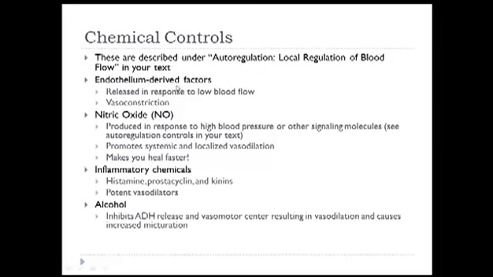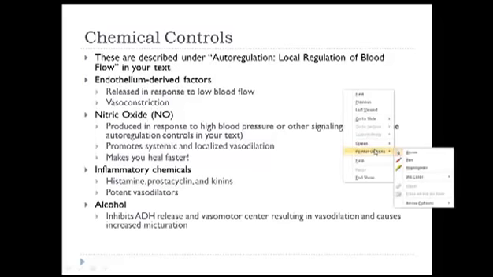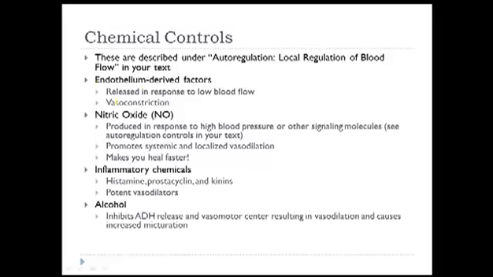Okay, moving on, we're going to have some endothelial derived factors. Those will be released if we have decreased blood flow to a certain area, and what those will cause is localized vasoconstriction. Once again, vasoconstriction will help us increase blood pressure, and that will be a local increase in blood pressure.